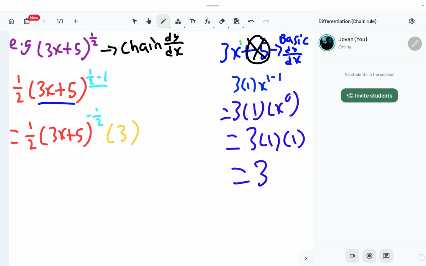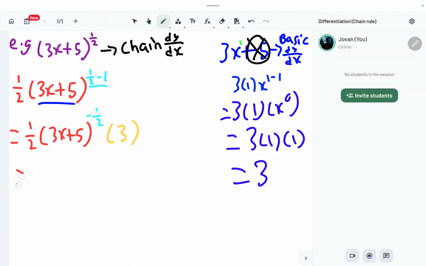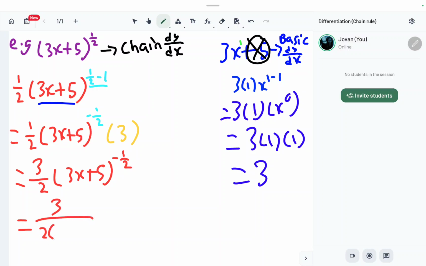So our final answer will be 3 over 2 times 3x plus 5 to the power of minus half. But I'll bring the negative power to the denominator, because I want to make it into positive form. So it'll be 3 over 2 bracket 3x plus 5 to the power half.